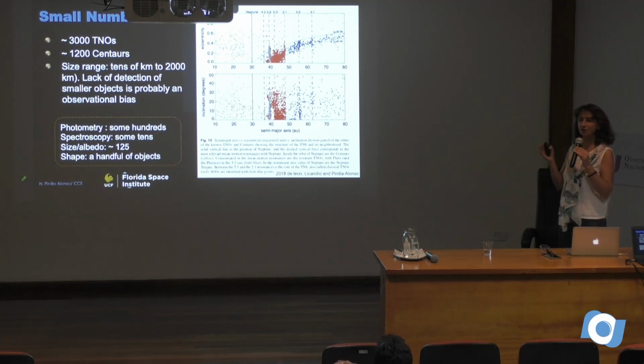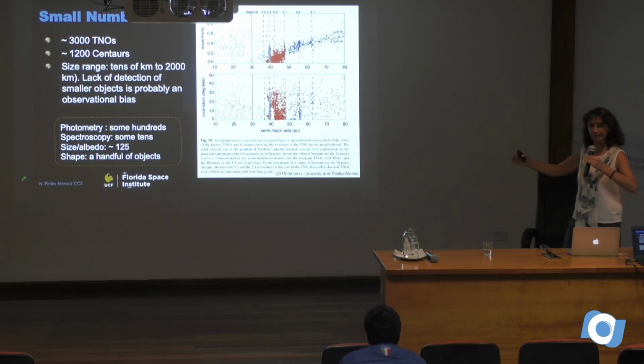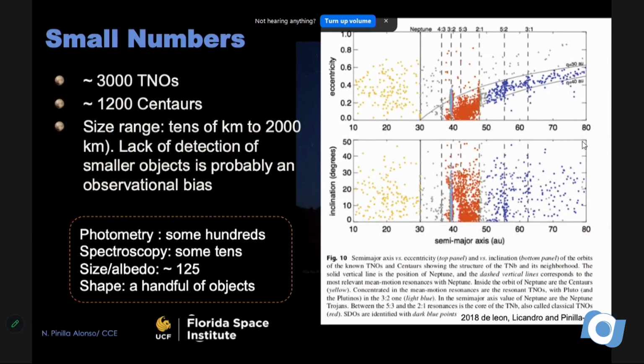This is a population that is thought to have formed in the outer regions of the disk and been pushed out but kept in the plane. So they are the ones that are going to be really richer in volatiles and in ices. Then these are the centaurs, the ones that come closer.